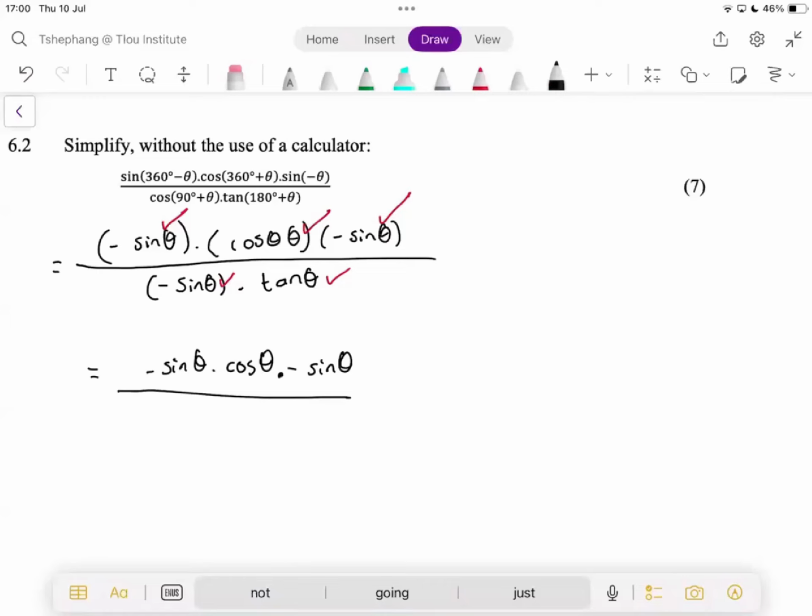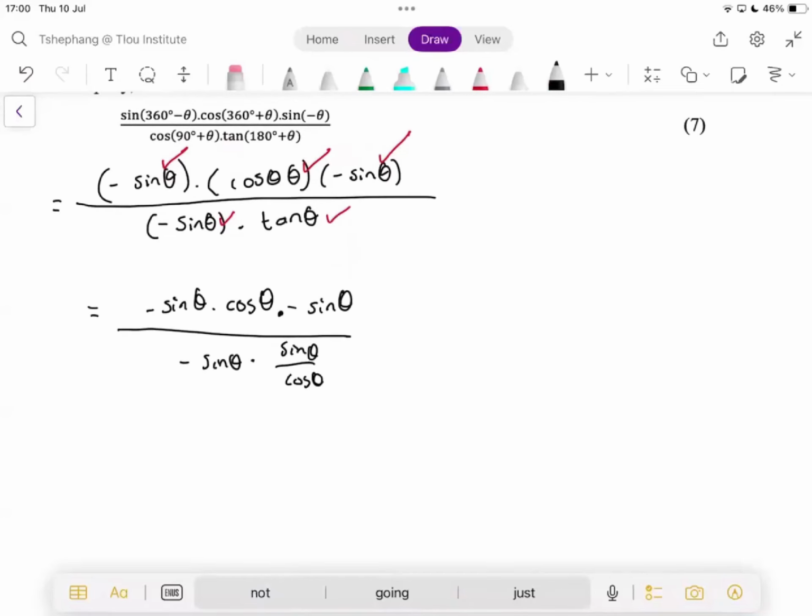This is then all over negative sine of theta multiplied by sine of theta over cos of theta. This cancels that. What are we then left with? This cancels that. But the negative remains. Negative cos squared of theta. Where's the other mark? Here, and the final answer. As easy as that, you have gotten 7 out of 7 marks.